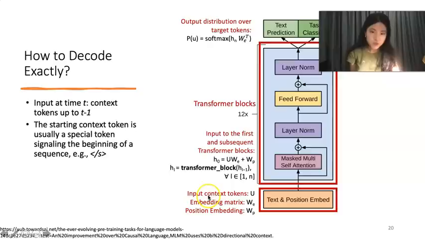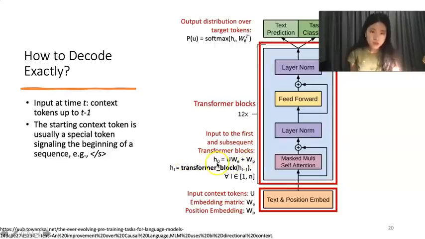Suppose the input context tokens are represented by U, the embedding matrix WE, and the position embedding WP. Now you will have your first input to the first transformer block, which is H0. This H0 is U multiplied by WE, plus WP.